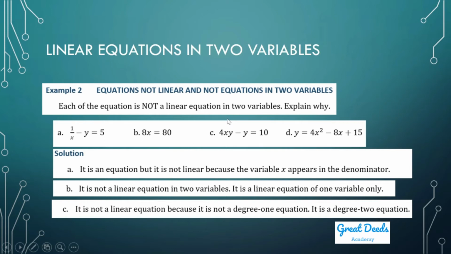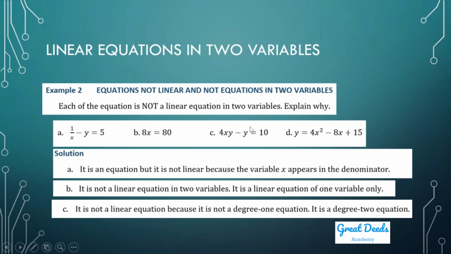I think I forgot to speak about the degree of an equation. I am assuming that you know the degree of an equation. In order for you to tell the degree of an equation, you look for the variables in each term, and you add the exponents of the variables.